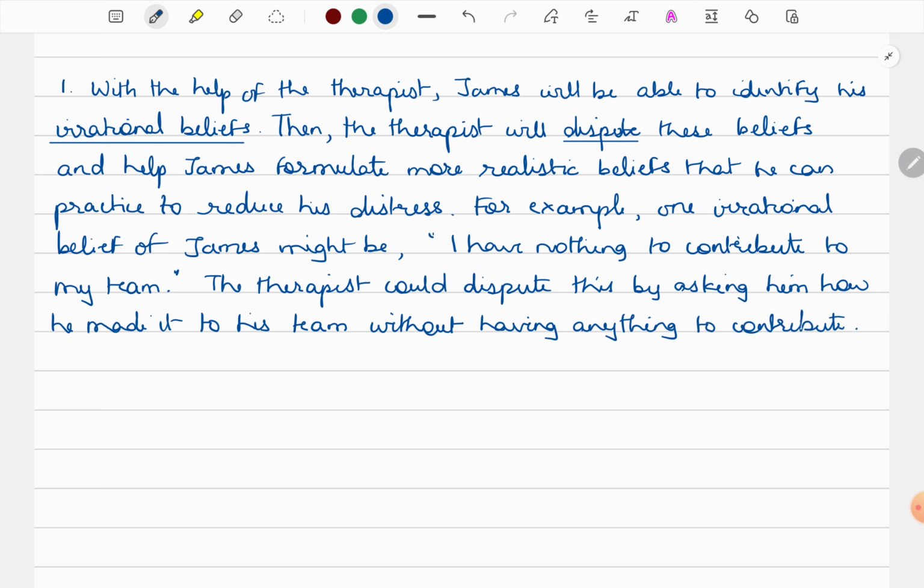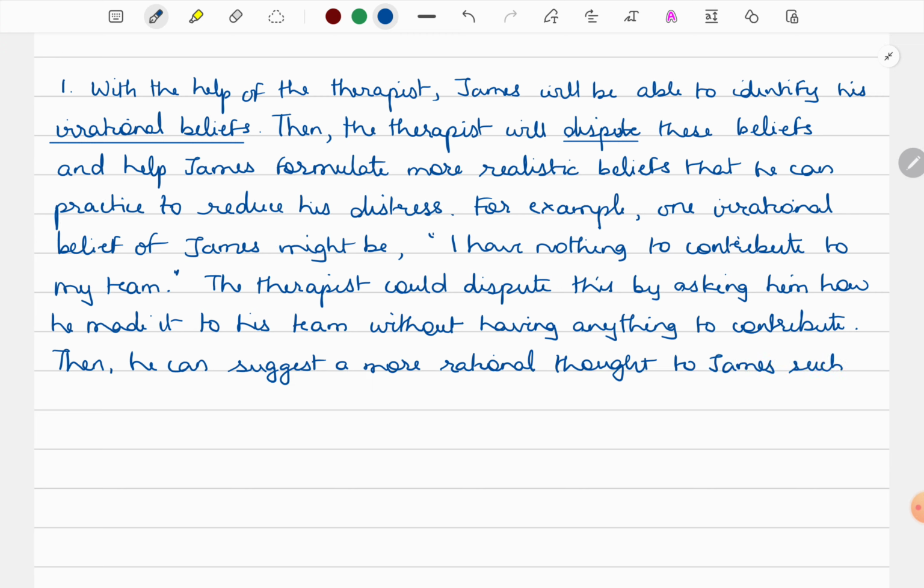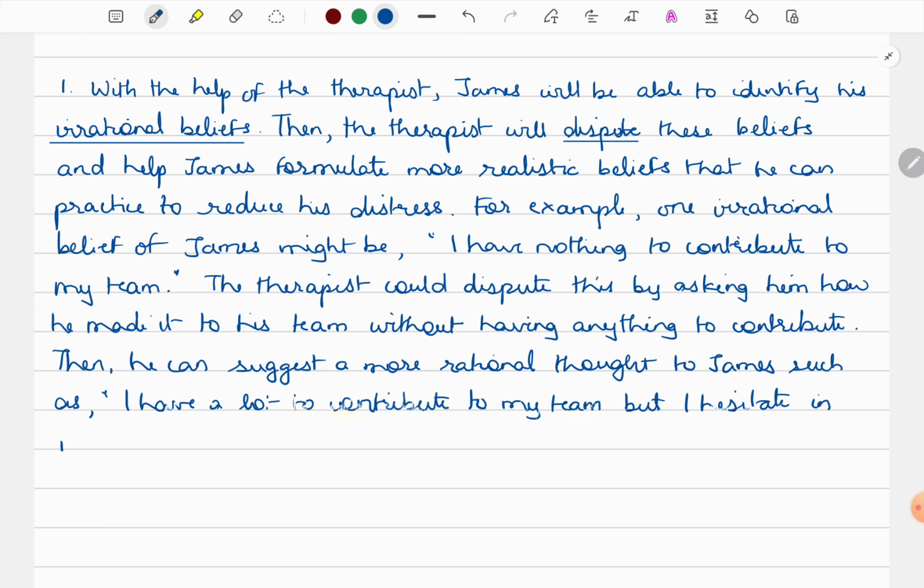Then he can suggest a more rational thought to James, such as, I have a lot to contribute to my team, but I hesitate in making a contribution.